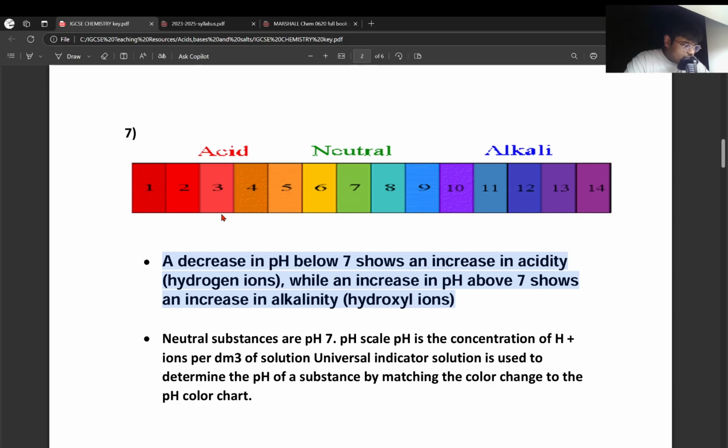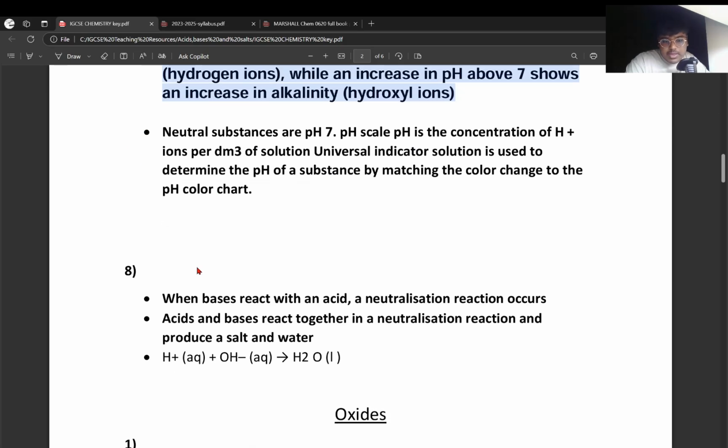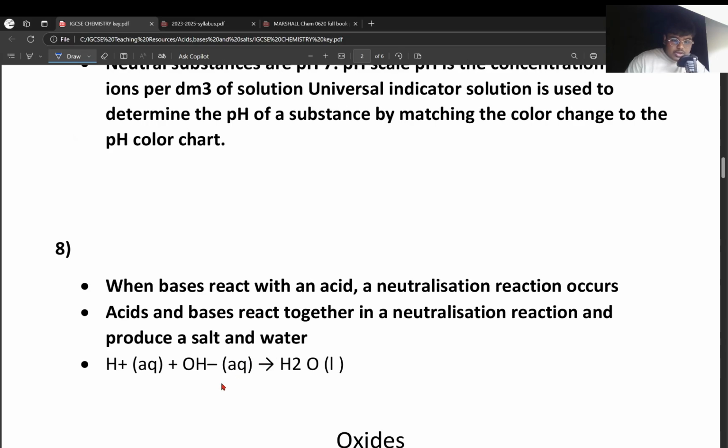The next one: describe the neutralization reaction between an acid and a base. Let me write a sample equation. MgO, magnesium oxide, no, it cannot create water.